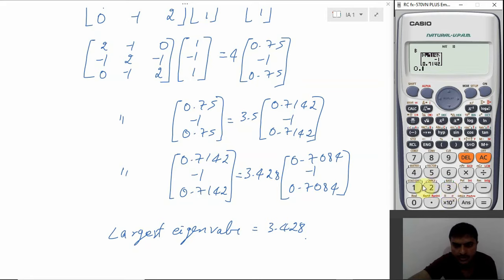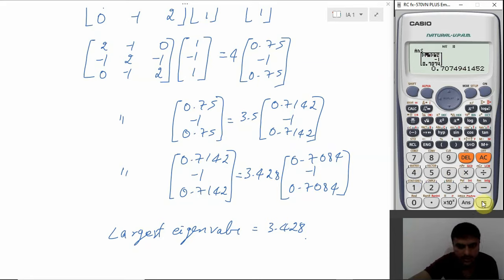See, 0.7084 equal to, minus 1 equal to, 0.7084 equal to, press AC, shift 4 matrix A into shift 4 4 matrix B, which is equal to 3.416, or you can just divide this by 3.416, which is equal to 0.0749.